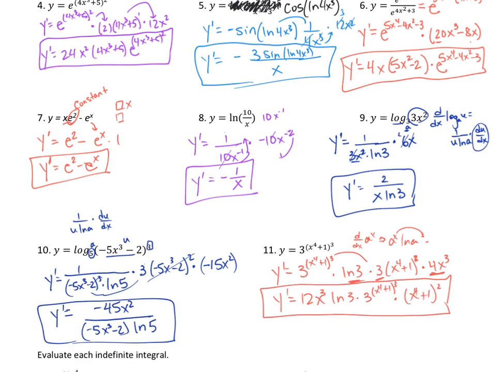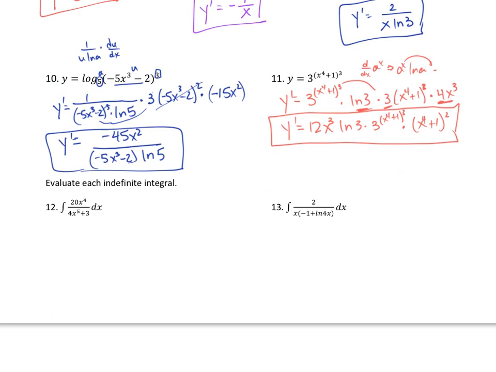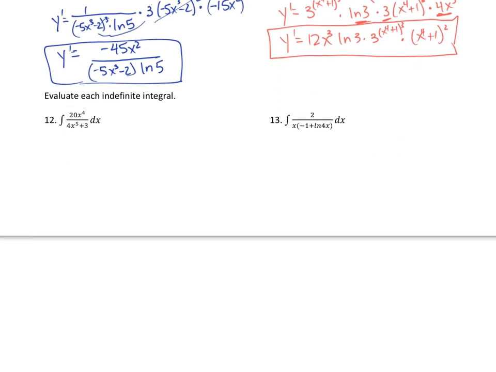All right, moving on. Let's see what we got next. This time we're going to take integrals. All right, so again, it's helpful if you have your formula sheet next to you so that we can take these integrals and you can refer to the formulas as needed.